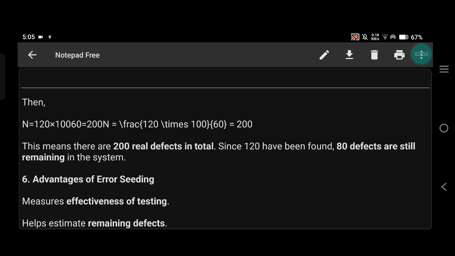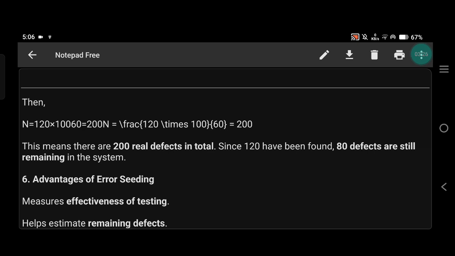That means N equals 120 multiplied by 100 divided by 60. So N is 200. This means there are 200 real defects in total. Since 120 defects have already been found, it means 80 real defects are still remaining in the system.